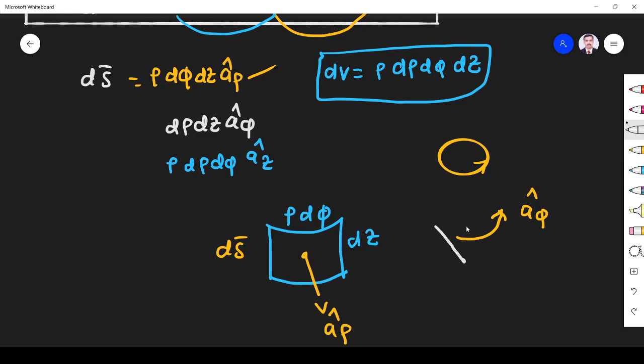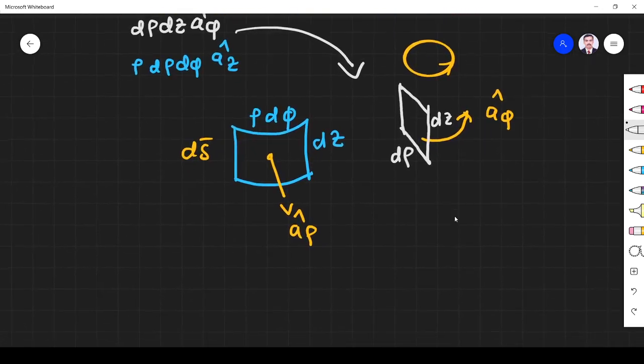Z is the height. So this is height, this is rho, this is dz, this is d rho. This is rho, this is z, and this is a phi. This is how your surface d rho dz will appear.